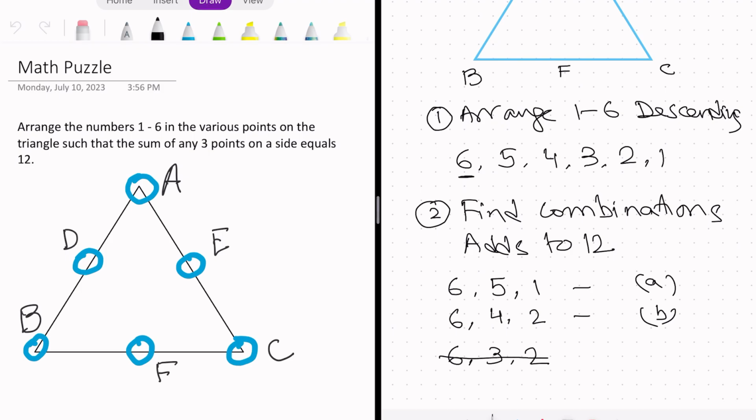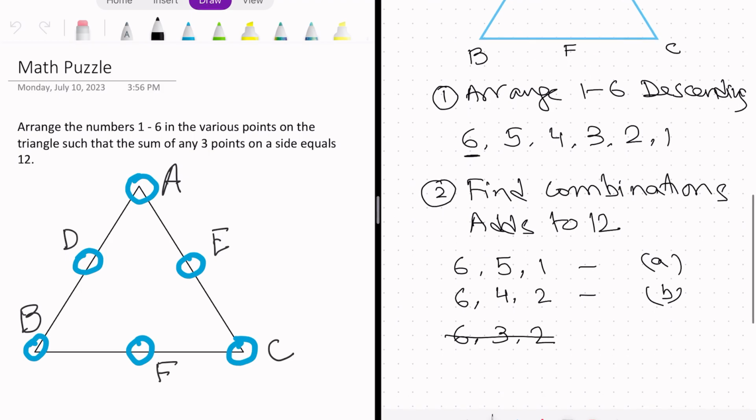Let's move on to the next highest number, which is 5. Since we have already considered the number greater than 5, which is 6, we will not look at that number again. We will look at 5 and any number below 5. So let's look at 5, and then the next highest number is 4. 5 and 4 is 9, and it requires a 3 to make it 12.